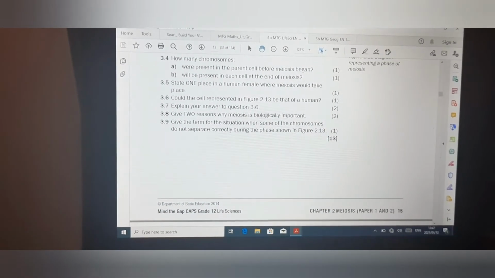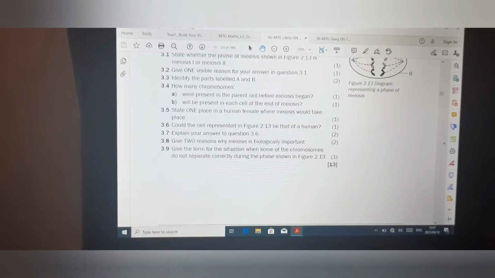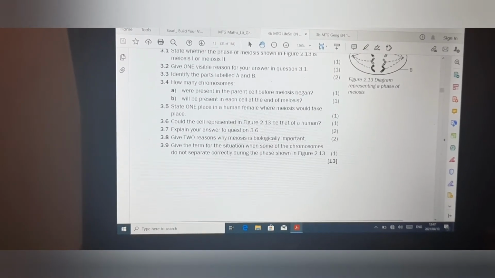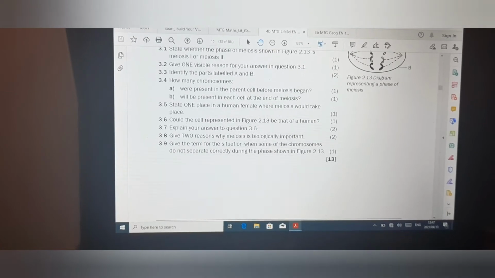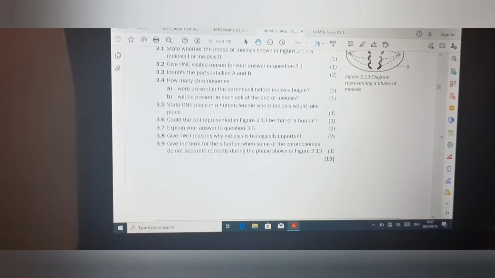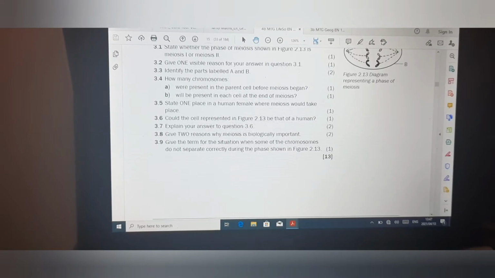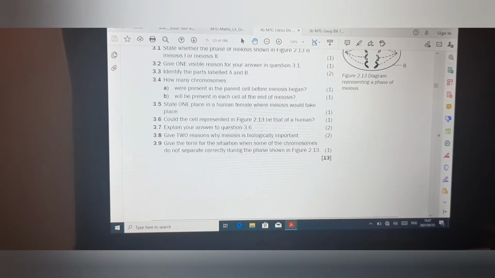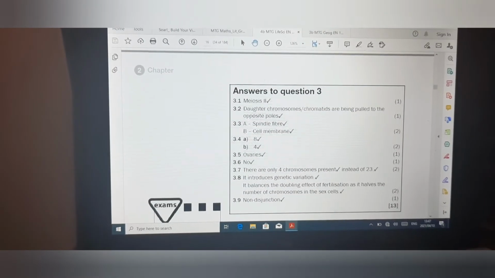So we're talking about meiosis 2 now. How many chromosomes were present in the parent cell before meiosis began? It's 8. How many chromosomes will be present in each cell at the end of meiosis? It's 4.